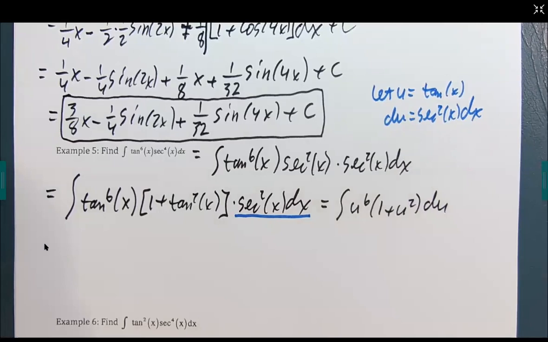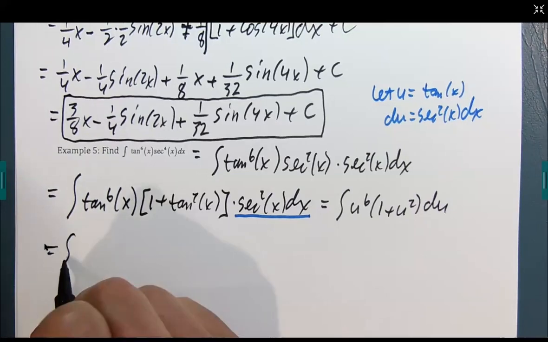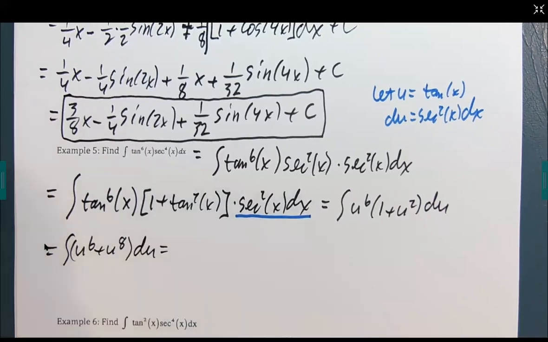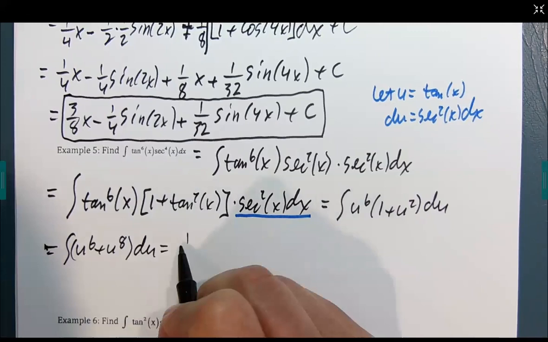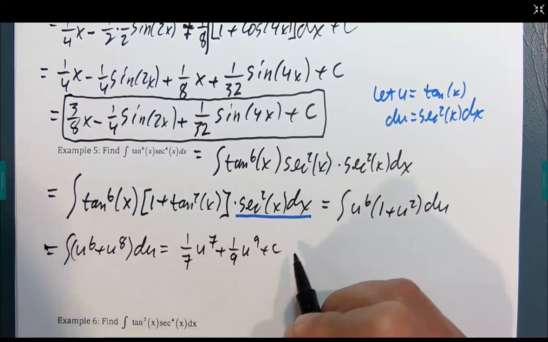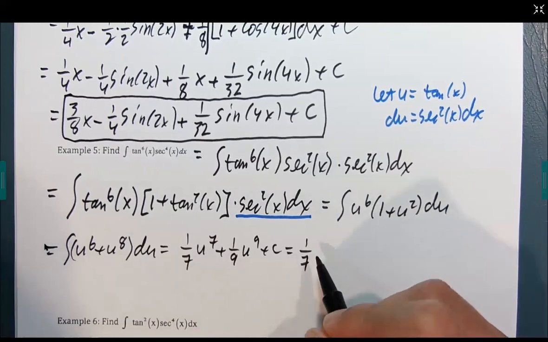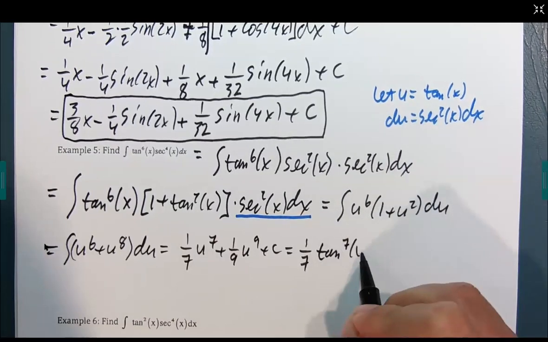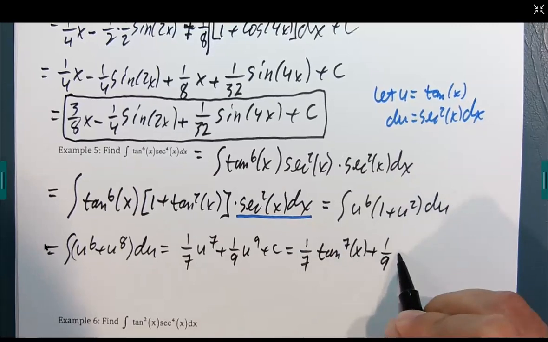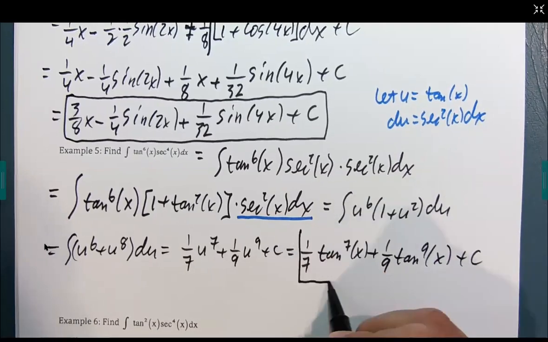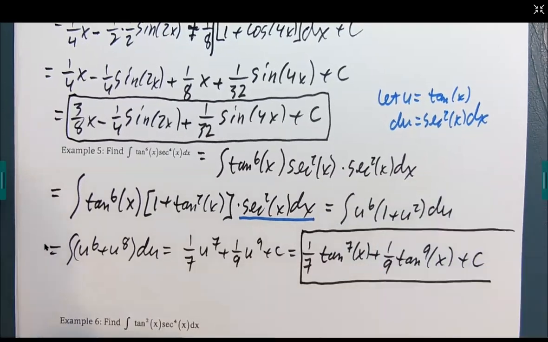And now we've completely transformed in terms of u, and I'm going to distribute that u to the 6th power. And now it's just polynomials, no problem. Giving us 1/7, and remember u up here is tangent. 1/7 x plus c. That is looking good.